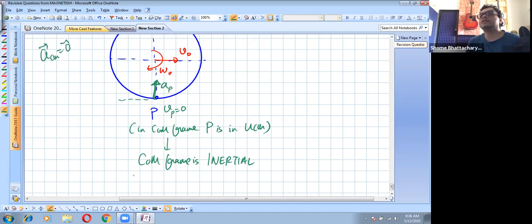Therefore, the acceleration of the particle P in the ground frame is equal to the acceleration of the particle P with respect to the center of mass, and this is a centripetal acceleration. So that's how I understand that the acceleration of the particle P over here is omega naught square r, or v naught square by r, upwards.